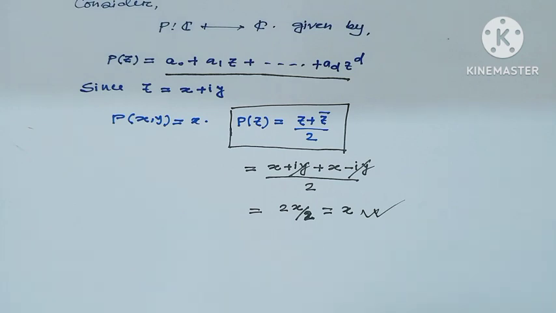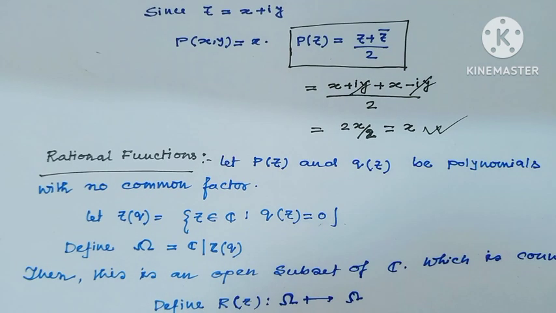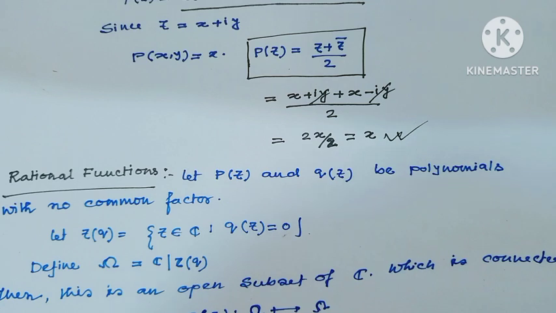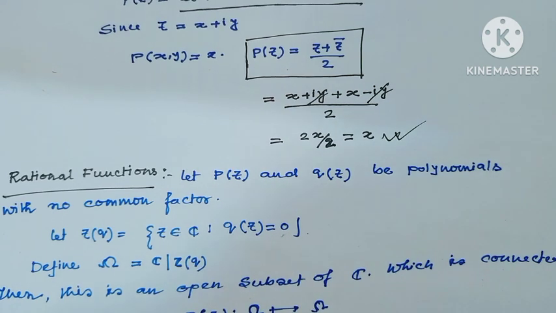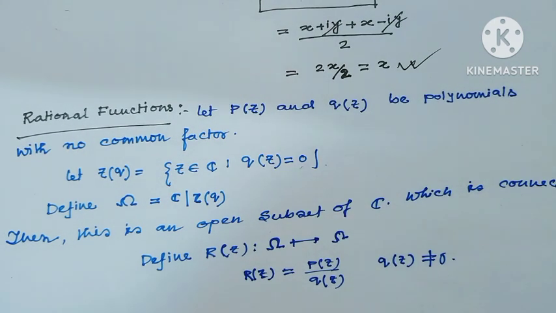Then I will say what is the rational function. Let p(z) and q(z) be polynomials with no common factor, and Z_q be the set such that z in C such that q(z) equal to 0. Now define a set gamma which is C omitted Z_q. Then this is an open subset of C which is connected.